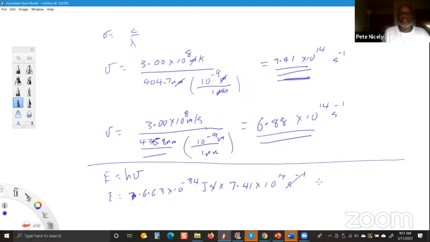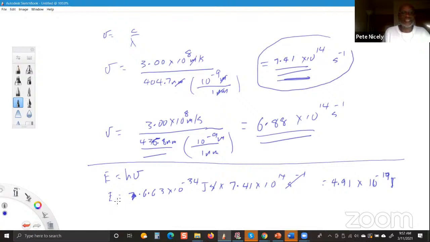So work that out. Times 7.41 times 10 to the 14. So when I did that, the answer I got, rounded off to 3 sig figs, is 4.91 times 10 to the minus 19 joules. So that's for this frequency.